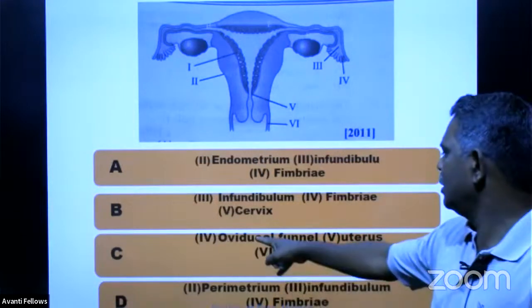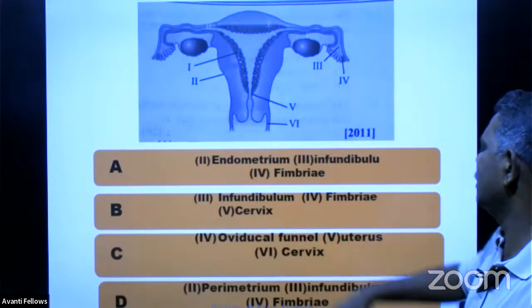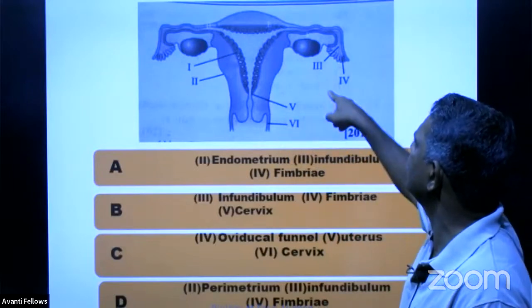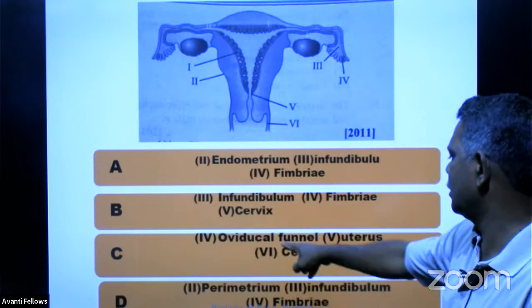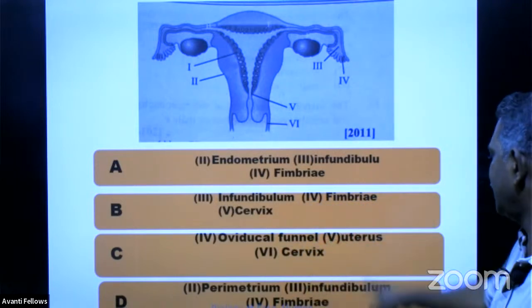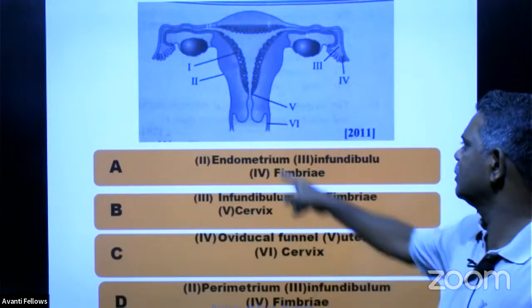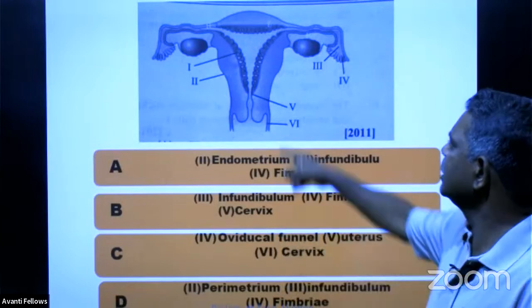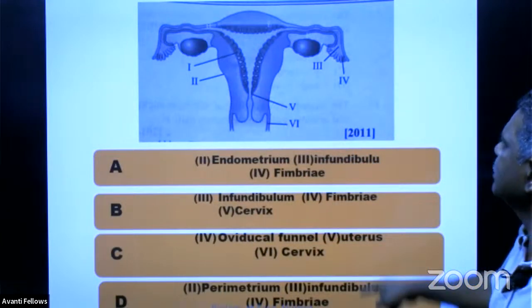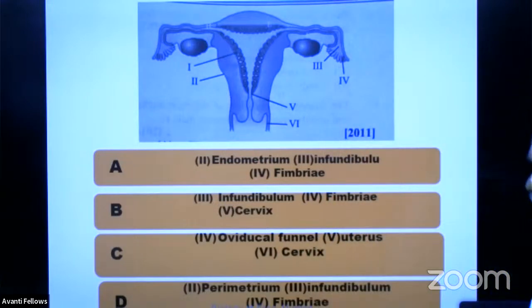Then the next one, the fourth one is the oviducal funnel, and the third one here is the oviducal funnel, and the fifth one is uterus. Here the fifth one is uterus, and the sixth one is the cervix region. Then the last option, the second one is perimetrium, the third one is infundibulum, and the fourth one is fimbriae. So find out the correct answer.